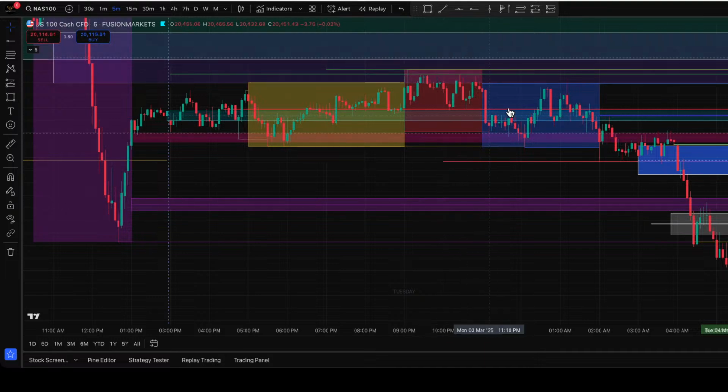So we manipulated to the downside first. Didn't really create much of a 5M fair value gap, but then bounced off the purple zone. And unfortunately, we didn't sweep the London highs, the red zone highs. It gesticulated, and then eventually dropped.